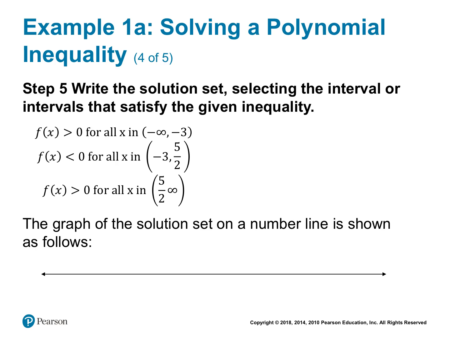So write the solution set selecting the interval or intervals that satisfy the given inequality. So I'm pretty much just writing what I had in the table. So that's these 3 points here. That's what I got from my conclusions in the table. So now let me make a number line.